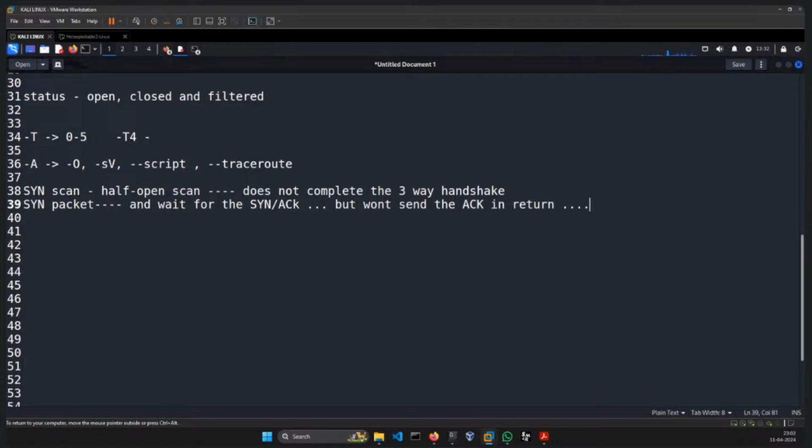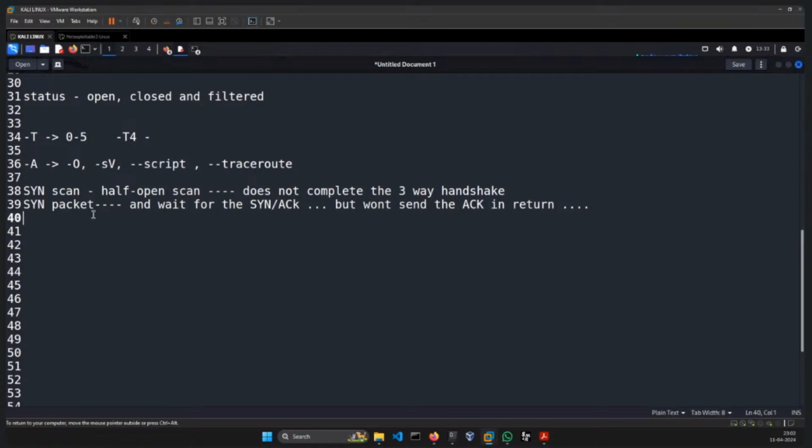When we send the SYN packet and have already received the SYN-ACK, that means our target has sent us the acknowledgement and synchronization. So, common sense, we don't necessarily need to send the ACK in return, because we have already achieved what we needed from the target's SYN-ACK.